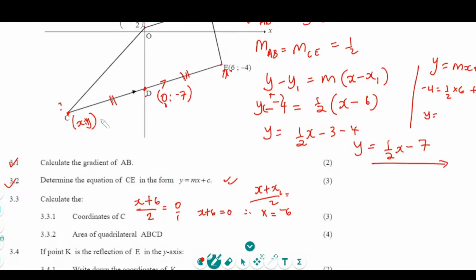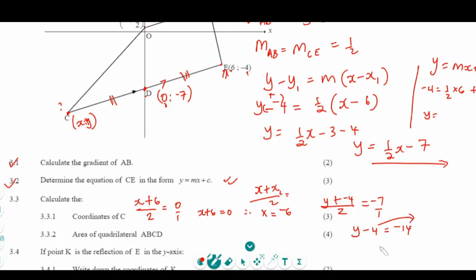Then I'll do the same with the y. If I get the y of C plus the y of E, that's a -4, divide by 2, I should be able to get the -7. I can cross multiply. I'll have y minus 4 is equal to -14. Then I move this 4 to that side to be a positive.